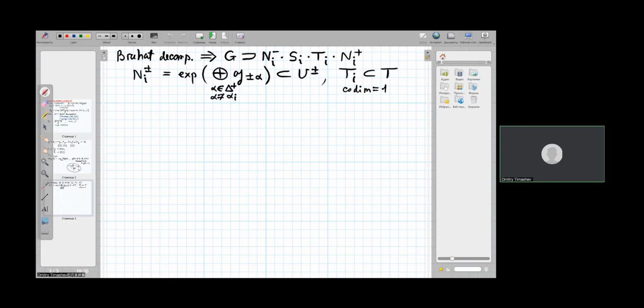So we get all root subgroups here, and also we get the whole torus T, which is the product of the maximal torus in Si and this Ti. So this product set on the right contains the big cell, but it also intersects the divisor Di. So this divisor Di, which we are considering, intersects this open subset.